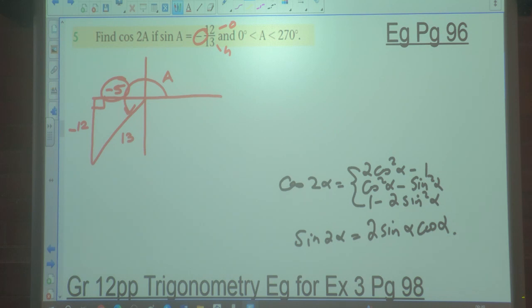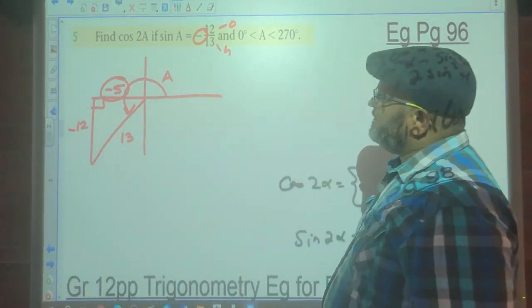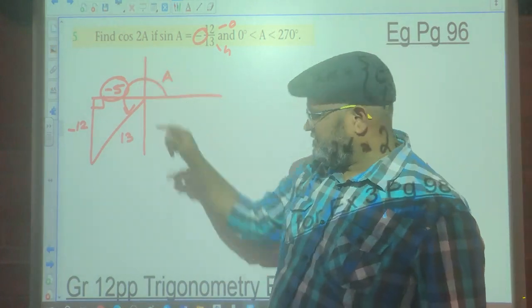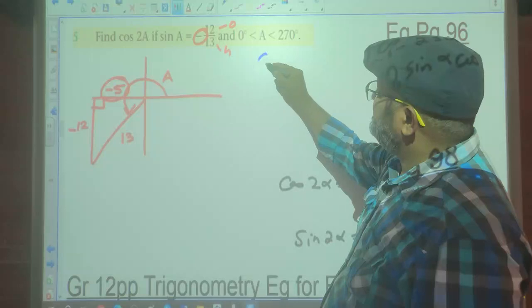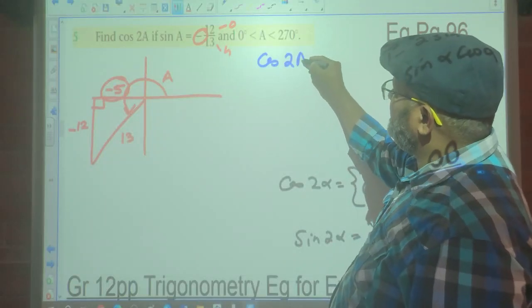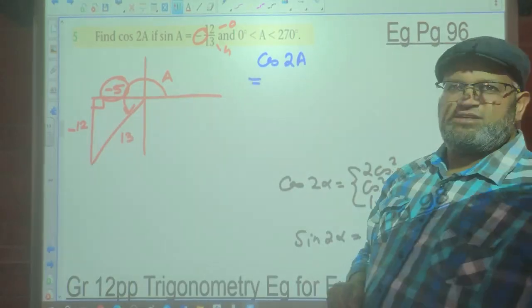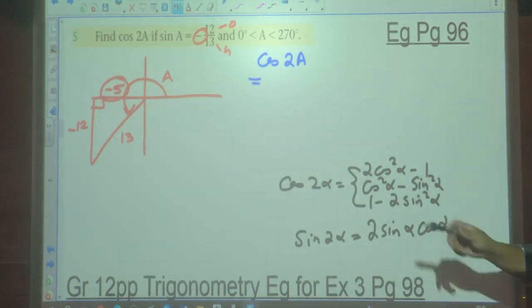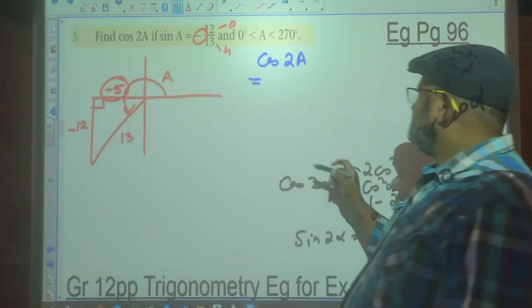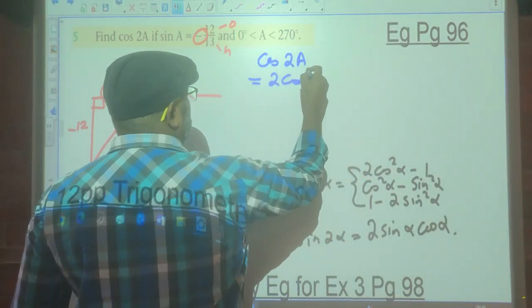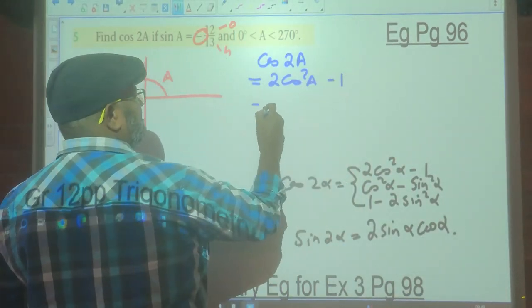Now I can conquer the world in trig. Why? Because I've got 3 sides in a right angle triangle. So what did they ask us? They asked us for cos of 2a. So cos of 2a can be written as what? Which one am I going to use? You want to use the first one, okay? So it's going to be 2 cos squared a minus 1.